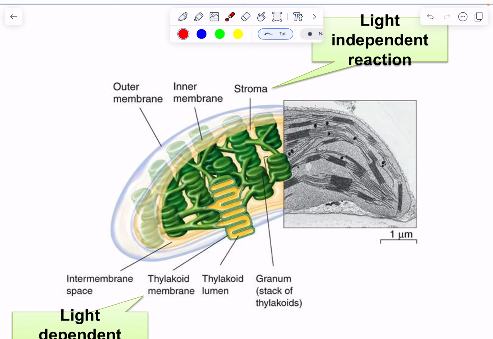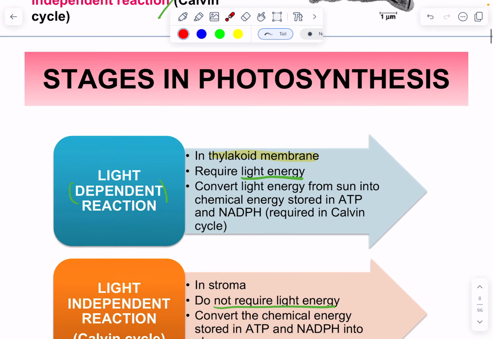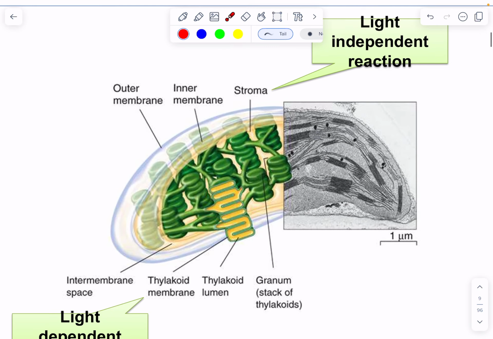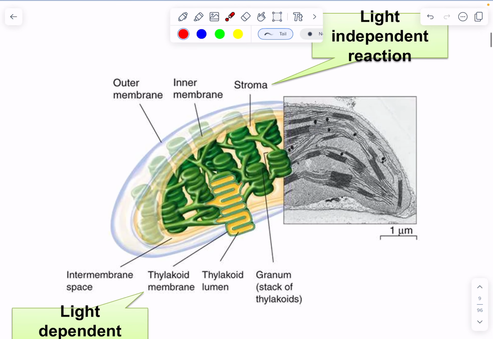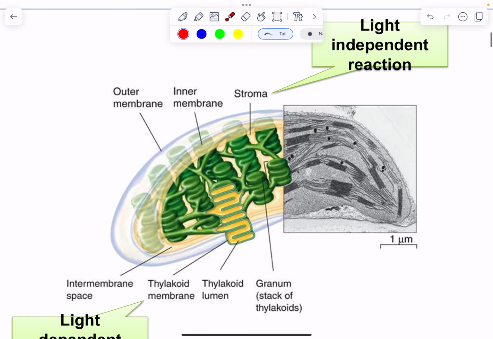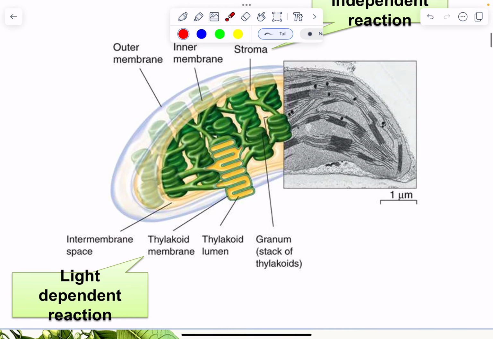When you open it, you can see the membrane is the outer part. For me, thylakoid membrane is just like the skin. Can you understand that? So thylakoid membrane is the membrane of the thylakoid. So it happens in just the membrane, the outer part. So the outer part of the membrane is where light-dependent reaction happens.